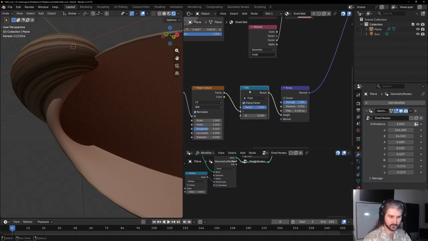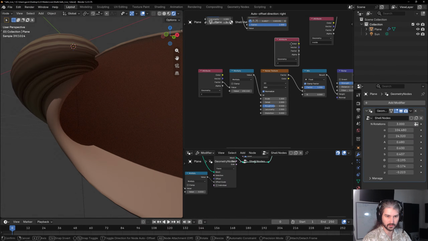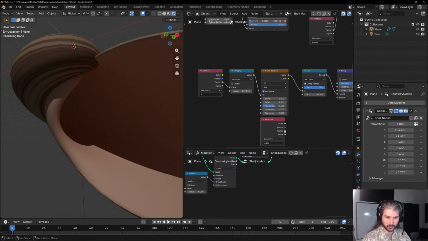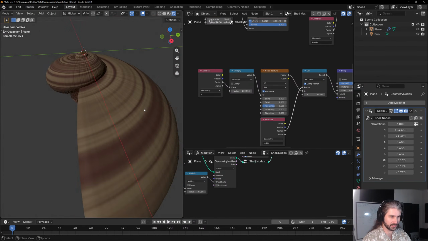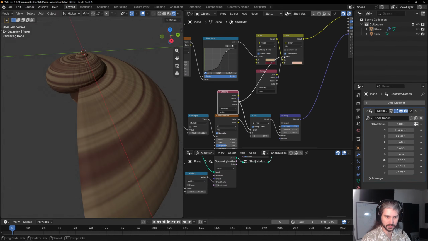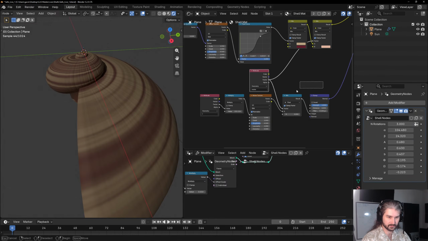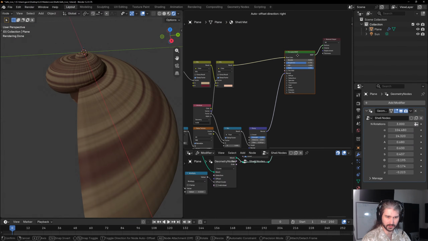This is going to be left to float, and then we'll use the inside node again as the factor so that we have 0 bump on the inside, all of the bump on the outside. Fantastic. Probably use the same node, doesn't matter. Just trying to keep things clean. Anyway, so we've got that.